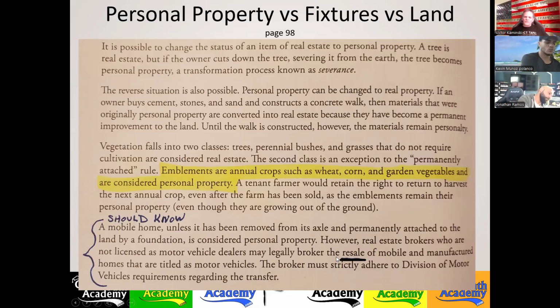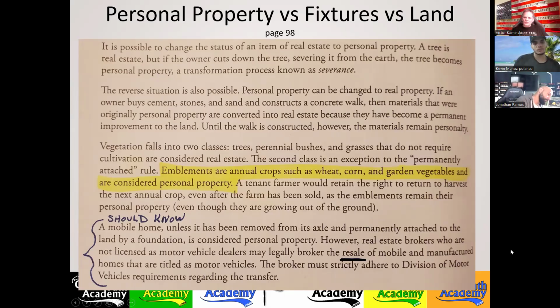However, if the axles are permanently removed from the mobile home and it's attached to a foundation, it can be considered part of the real estate now. So mobile homes are personal property. However, if the axles are permanently removed and it's attached to a foundation, it's now part of the real estate.